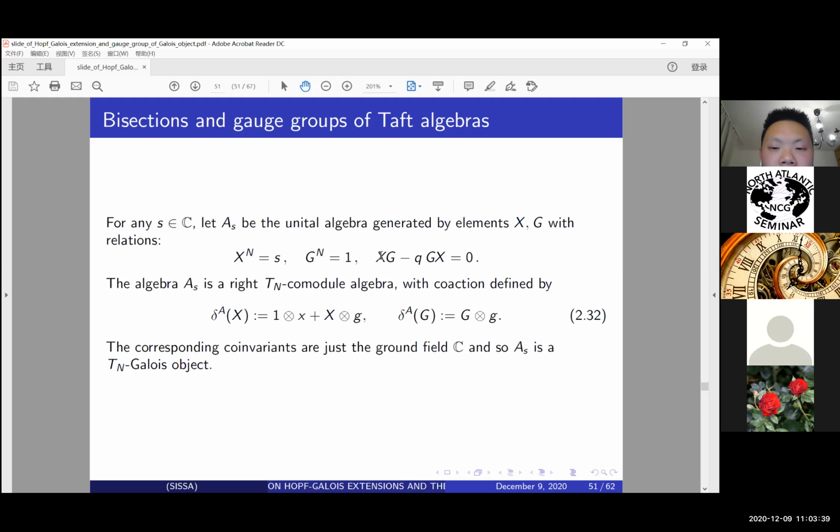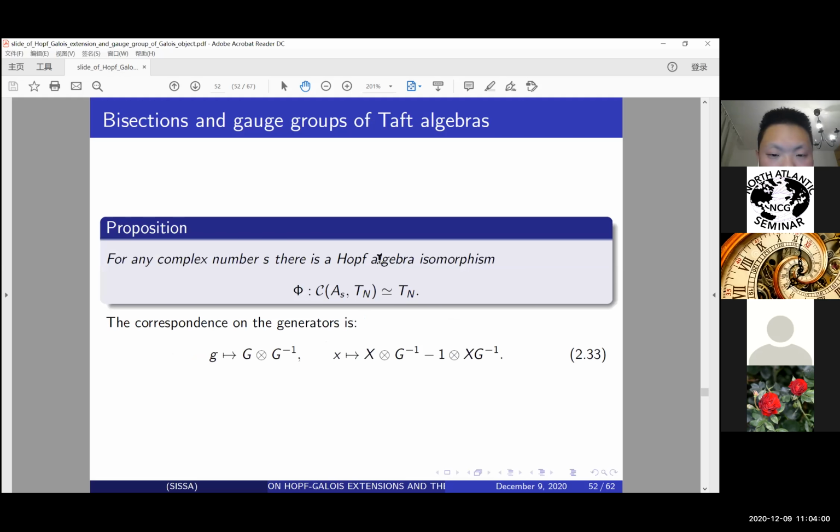Okay. Actually, you had it in your slides, but you were too fast for me and I missed it. And in particular, do you claim that this algebra is not a Hopf algebra? That it's not isomorphic to the Taft algebra itself? I think I only explained this. No, that's obvious. It always happens. Yes, this proposition is irrelevant.